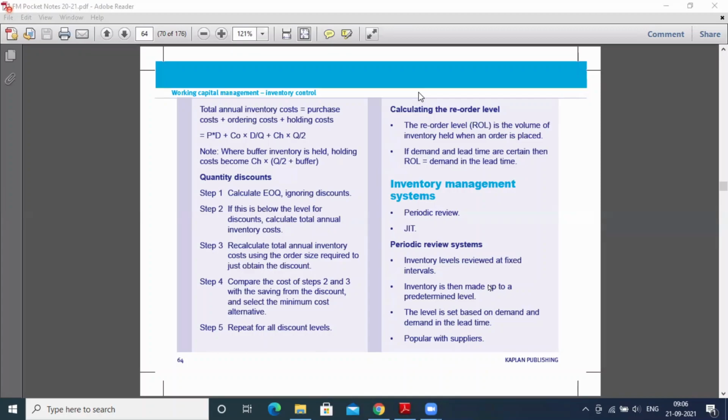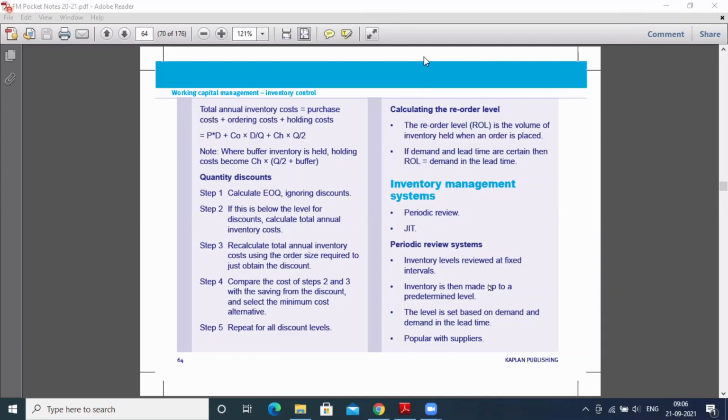In order to avail the discount, you need to make a minimum order of 10,000 units. But if your EOQ is only 8,000 units, it means you need to make an order of 8,000 in order to minimize the cost of capital.